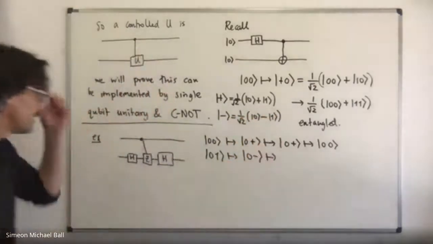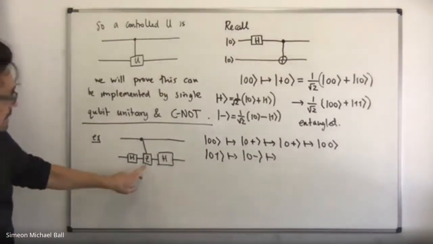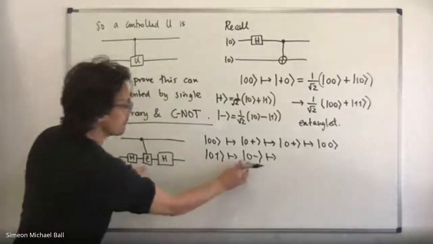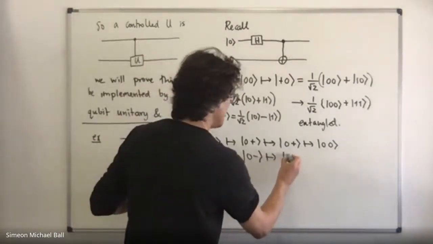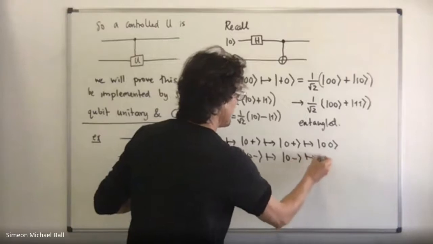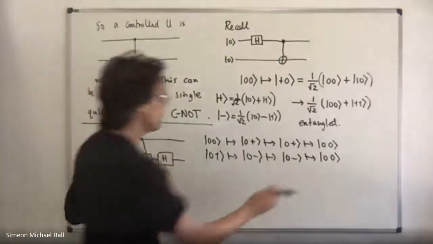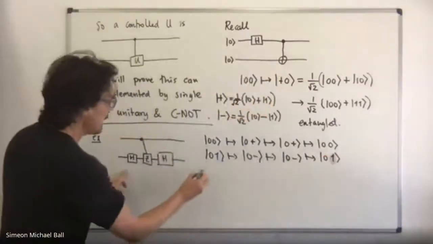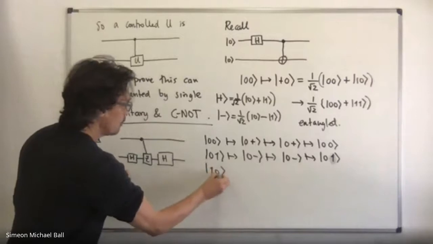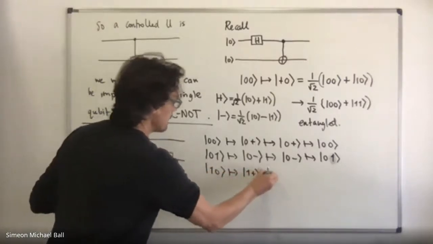This qubit then doesn't get applied because I've got a 0 here, and then I apply another Hadamard, which takes the minus back to a 0,1. And now 1,0 goes to 1 plus, which I will write out.